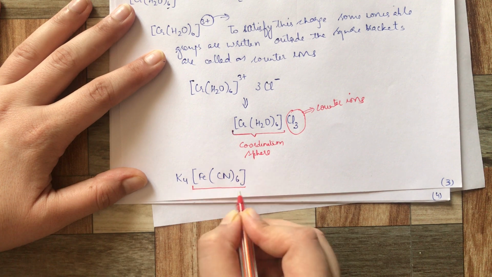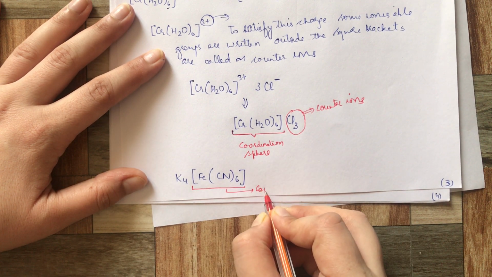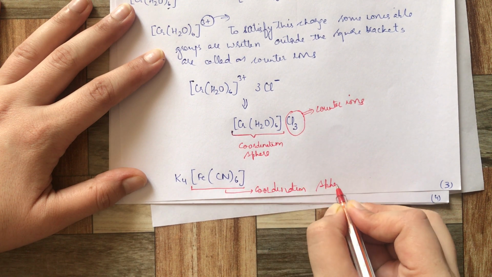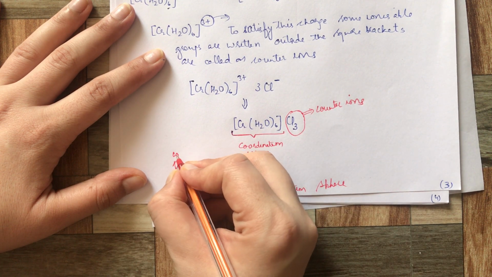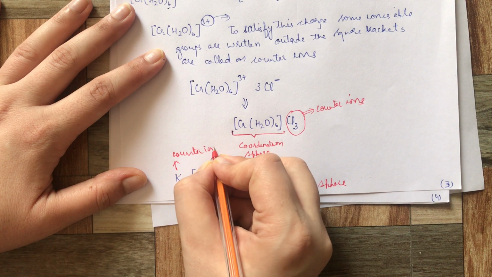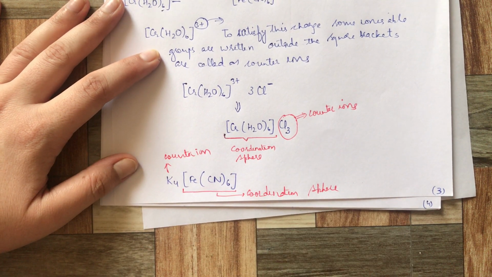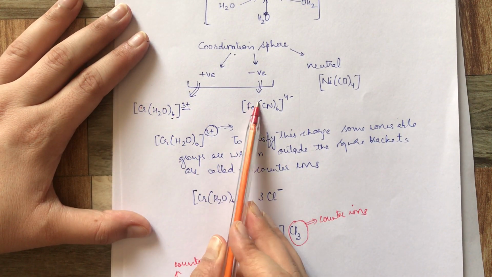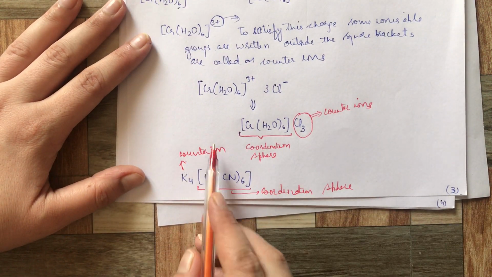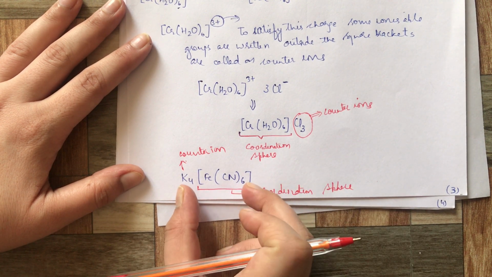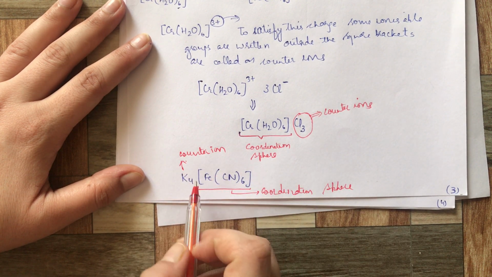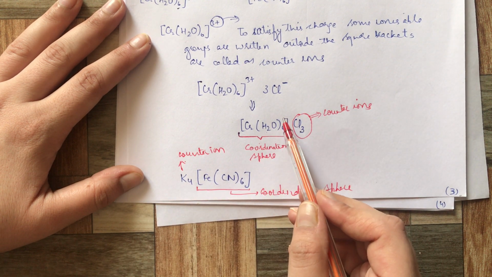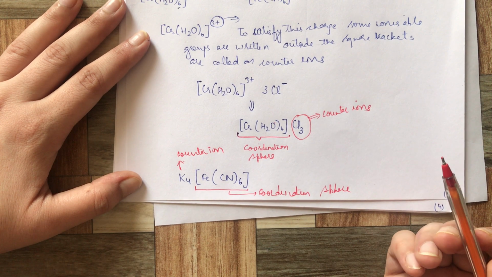From this square bracket to this is the coordination sphere, and this is the counter ion. The counter ion always has to be charged. The coordination sphere can be positive, negative or neutral, but the counter ion is always charged. If the coordination sphere is negative, the counter ion will automatically be positive. If the coordination sphere is positive, the counter ion will always be negative.